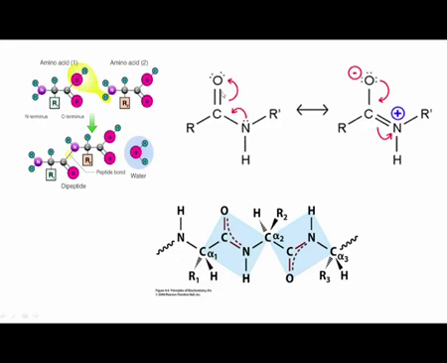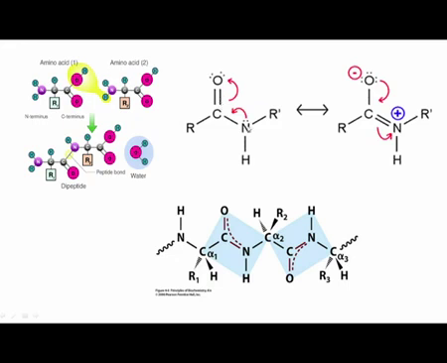Now, we already know that oxygen is an electronegative atom. That means it tries to pull a pair of electrons towards itself, and nitrogen, after formation of these bonds, has a lone pair of electrons. Now, what happens when this oxygen, which is an electronegative atom, tries to pull this pair of electrons towards itself?